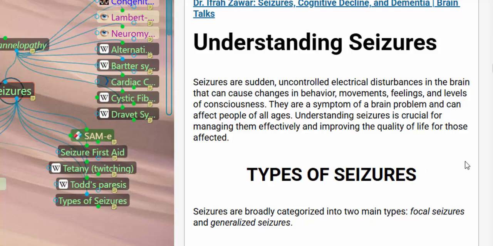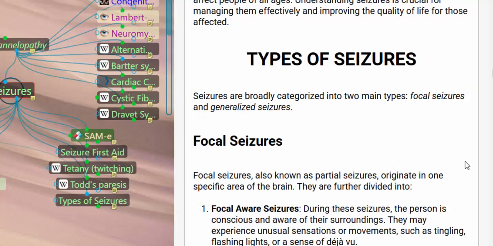So we know there are sudden, uncontrolled electrical disturbances in the brain, and they can cause changes in behavior, movements, feelings, and levels of consciousness. They're a symptom of a brain problem, and they can affect people of all ages. There are different types of seizures.